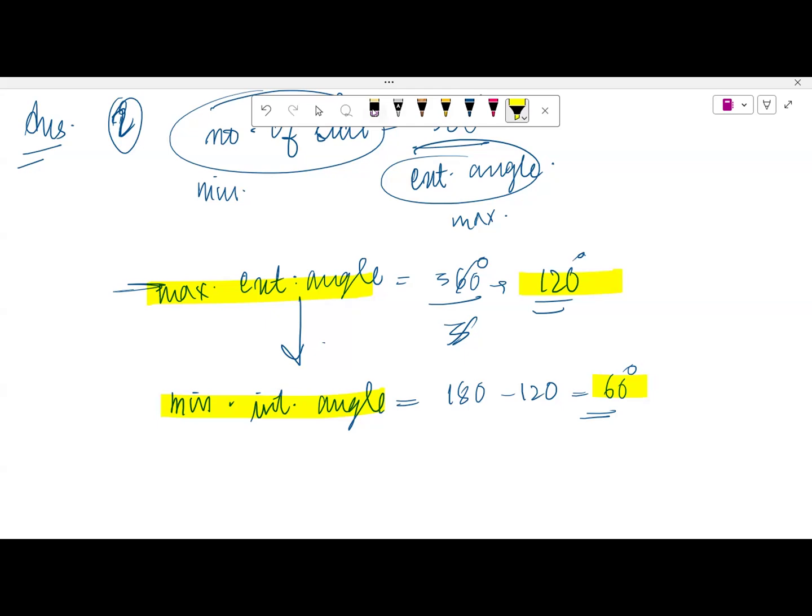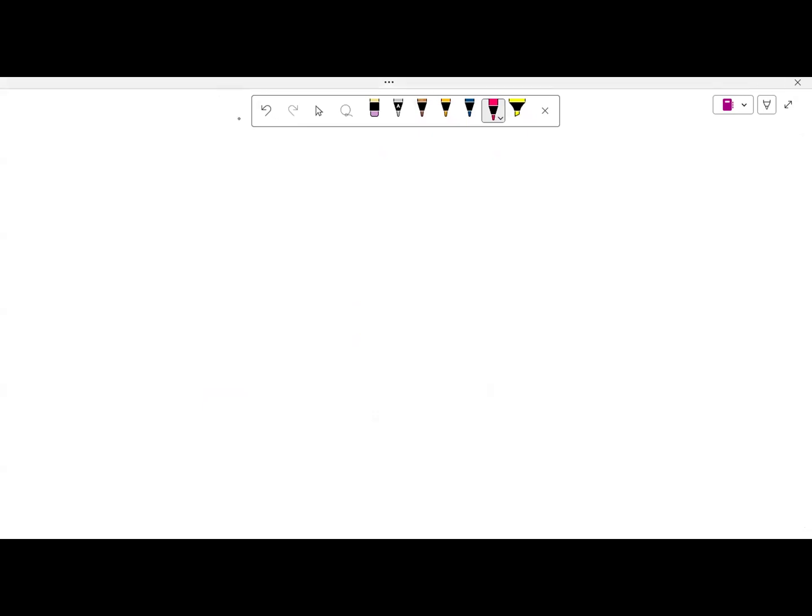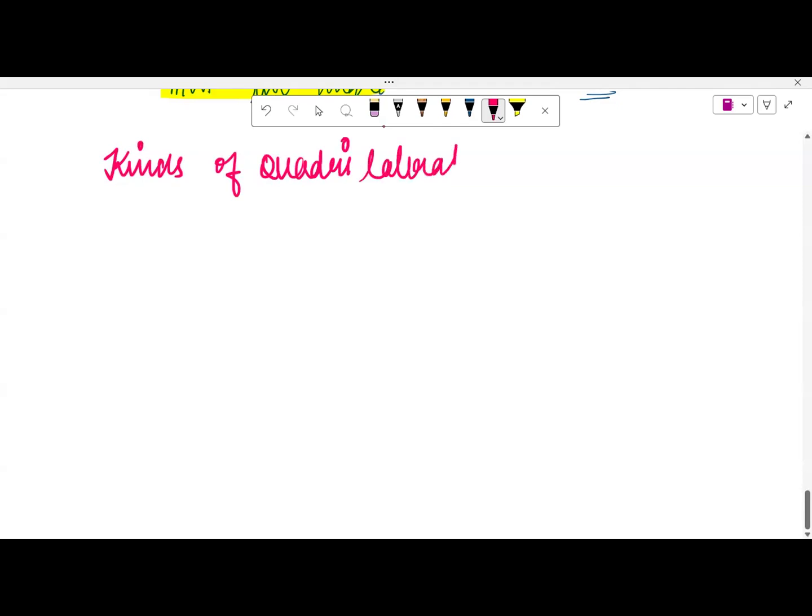Okay, now we are done with the first two exercises. Now we come to the next part of the chapter, which is special quadrilaterals, the kinds of quadrilaterals.